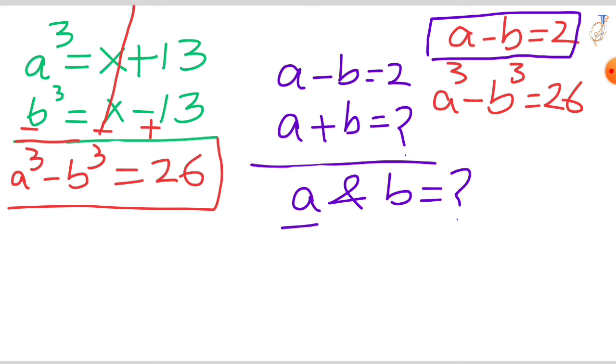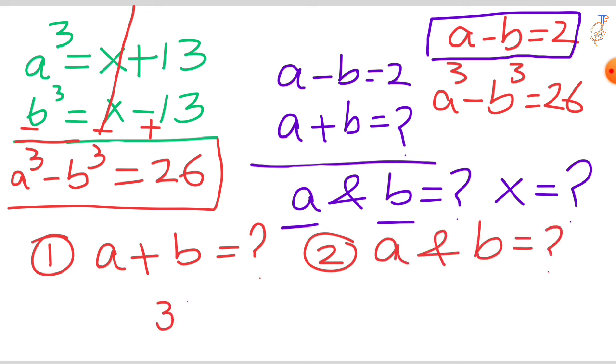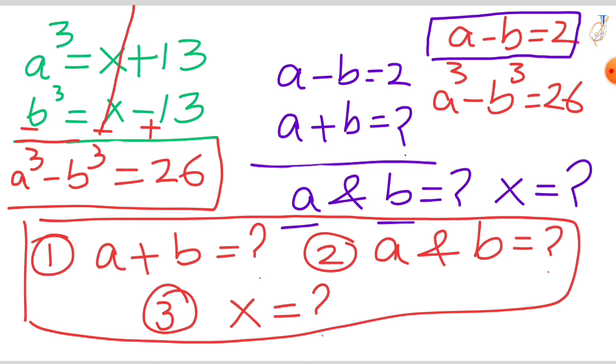Once we know the a and b values, then easily we can find the x value. So our first task is to find the a plus b value, our second task is to find the a and b values, and our final task is to find the x value. So we have 3 goals to complete this Olympiad question.